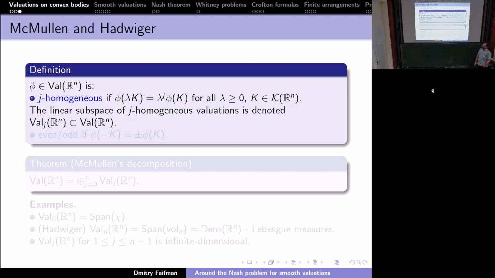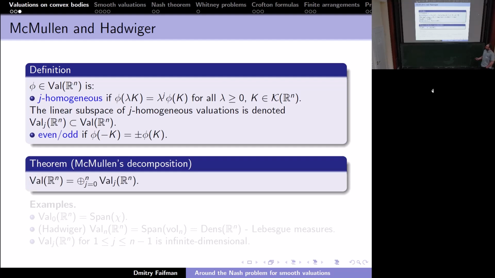Okay, some key facts that we will be making use of are these. We will be looking at k-homogeneous valuations, which are what you know they are, and the k-homogeneous valuations are denoted like so. We will also be looking at even and odd valuations, which are given by this equation.